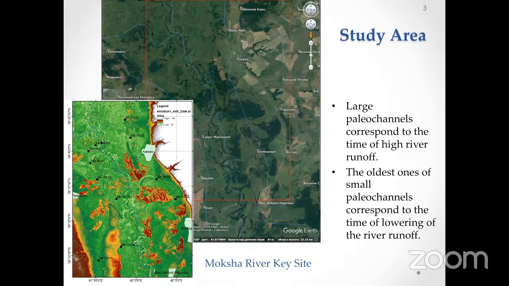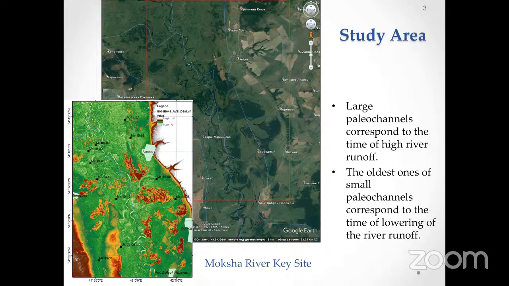As previous studies show, such large paleochannels were formed throughout the periglacial zone of the last glaciation. These periglacial rivers were formed under conditions of high spring runoff. Formation of large paleochannels is usually associated with late glacial, the end of marine isotope stage 2.